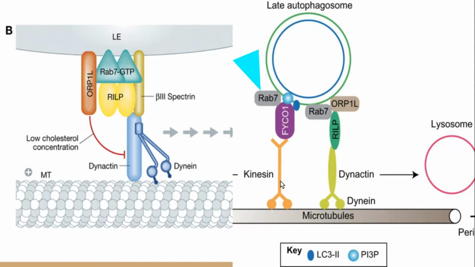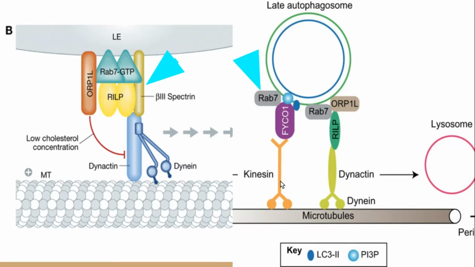The critical adapter for retrograde lysosomal transport is this RILP protein, which stands for Rab7 interacting lysosomal protein. So the anterograde lysosomal transport adapter, moving it forward to the cell periphery, was that FYCO1 over here, and the retrograde lysosomal adapter for dynein is RILP.